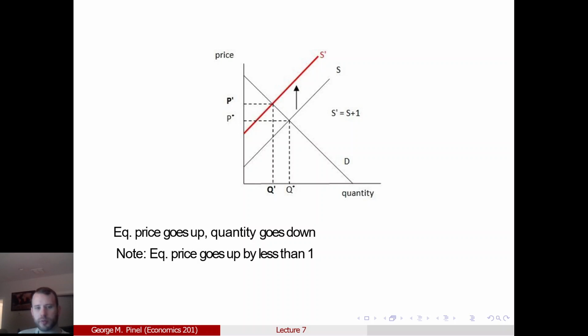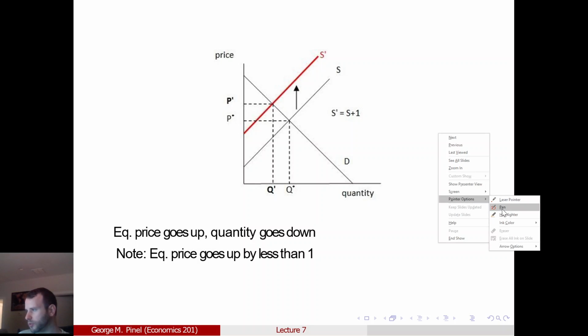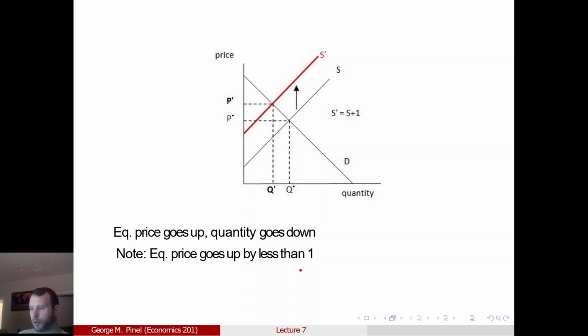Note that the equilibrium price has gone up by less than 1. How can I know that? If this new supply equation is S prime equals S plus 1, that means for every quantity, the price at S prime is equal to the price at S plus 1.